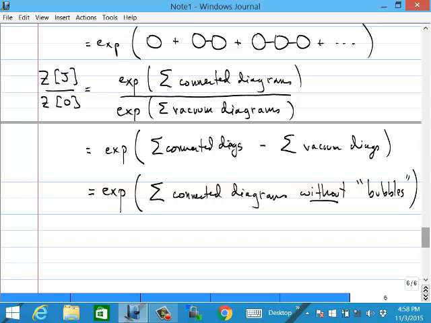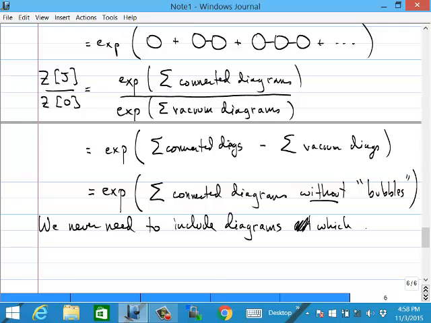So that means that we never need to worry, at least if you're computing a correlation function, about any diagrams which are disconnected from all of the external sources.